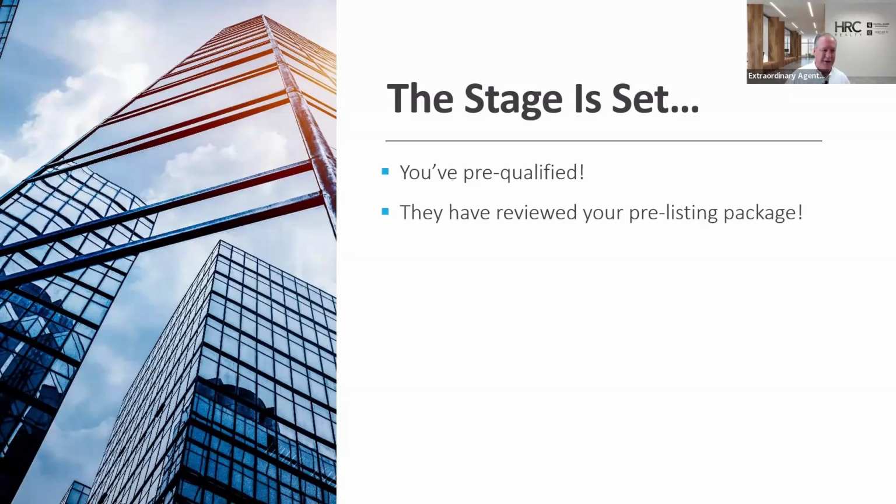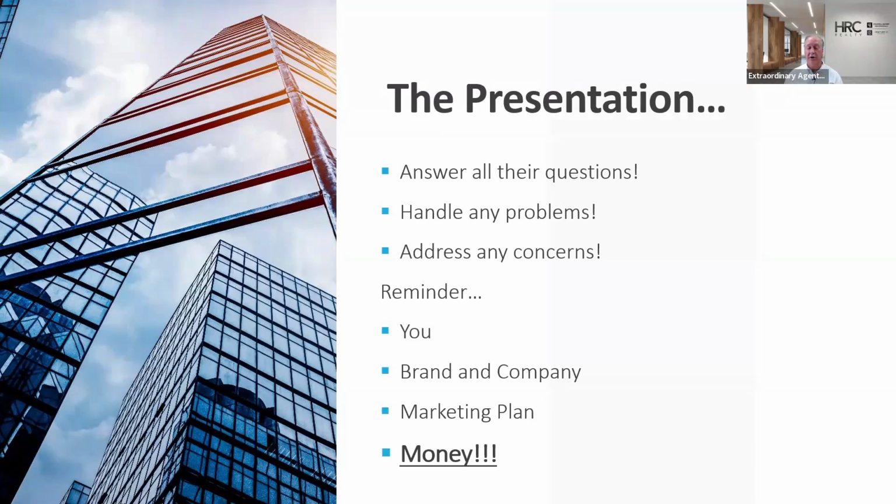They've reviewed that package of information, your pre-listing package. So they already know about the brand, the company, you, what you do to sell homes, and you've even put all the information about comparable properties in there. Based upon their price, they told me. Okay? There's nothing they can throw out there.